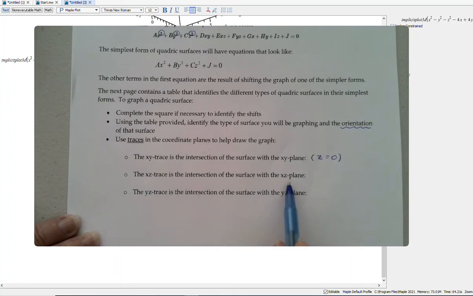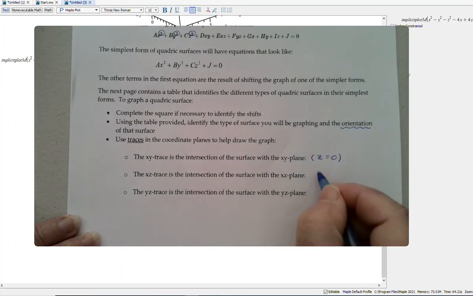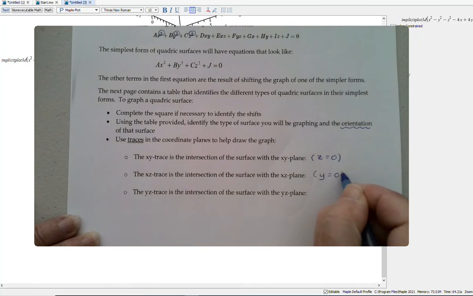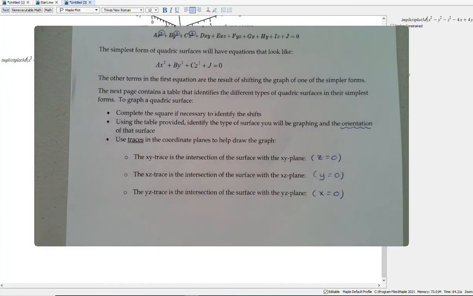The xz trace is the intersection with the xz plane, which has the equation y equals 0. And finally, for the yz plane, we'd be setting x equal to 0. I won't always do the traces with all three planes, but to a limited extent, I'll use traces to help me graph. And you'll see all of that as we start popping through some examples. So let's do that.